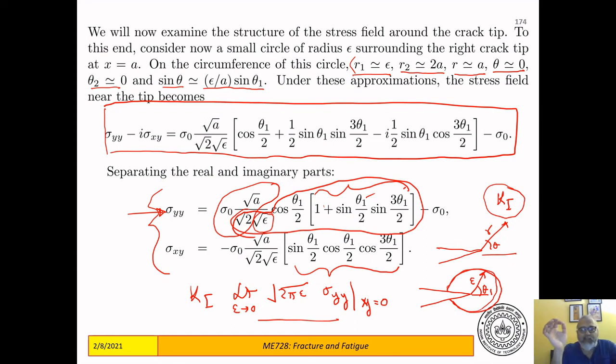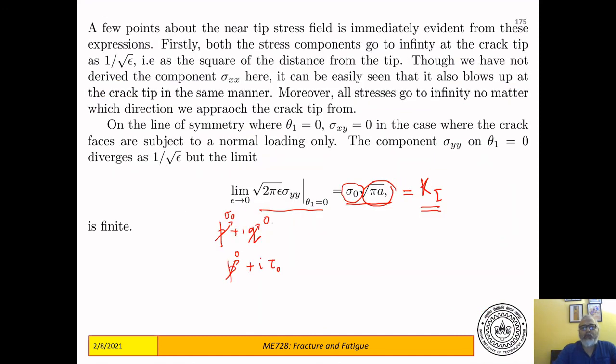From a full field solution using the Km equations, we can get an exact form of the stress intensity factor for a particular problem, and we have shown that for the Griffith problem, it is sigma naught root pi a, or tau naught root pi a in case of mode 2.